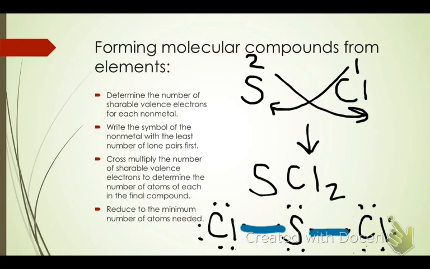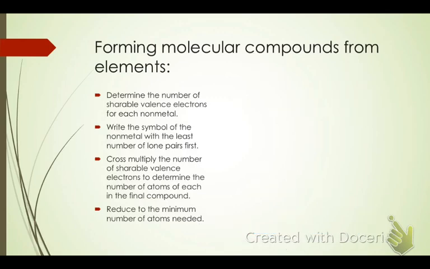And if we needed to, we would then look and see, can I reduce this any more? An example of that would be the following. Let's do carbon and sulfur.